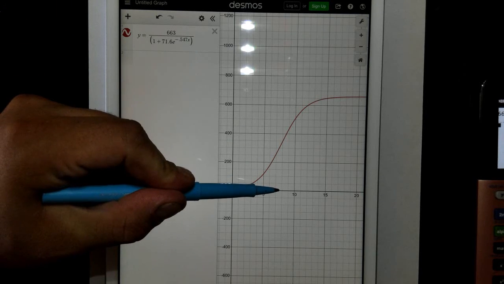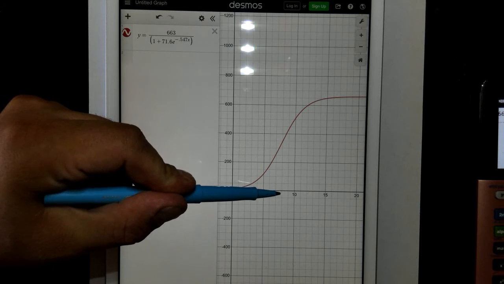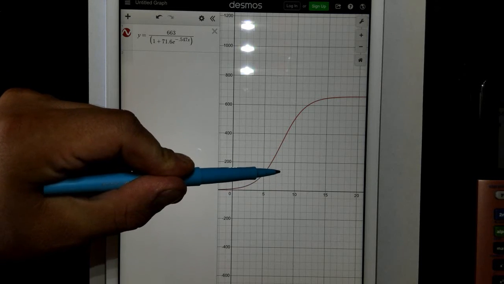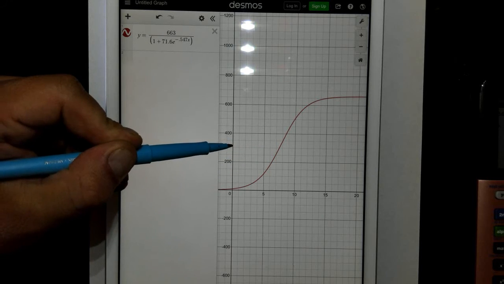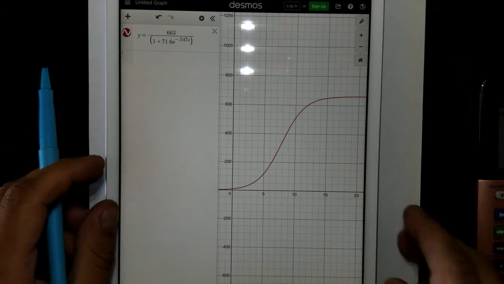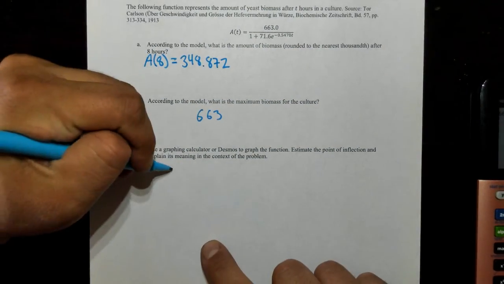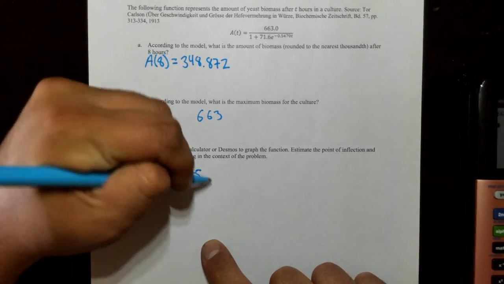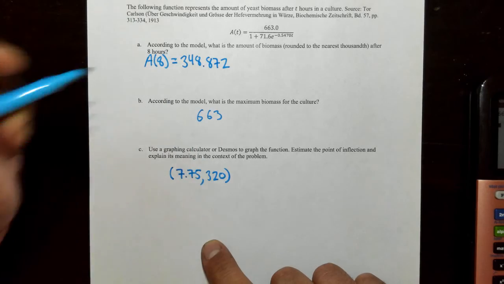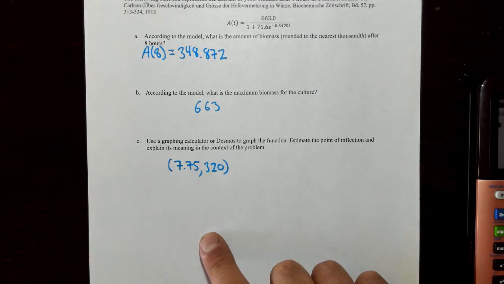So kind of eyeballing it, it looks like a little less than 8. I would say about 7.75. And our Y value would be around, probably 320 would be a safe bet. So we could say the point of inflection, if we were to estimate it, would be 7.75, 320.